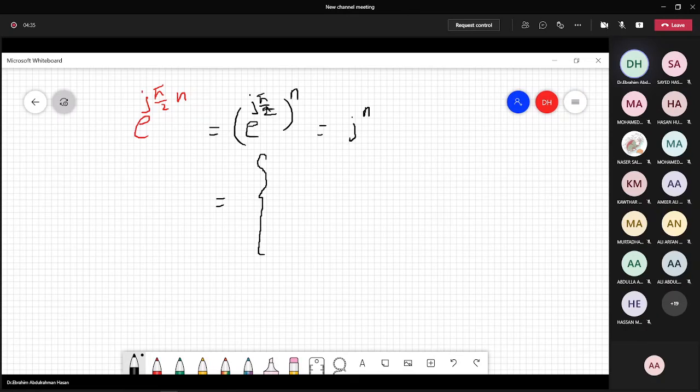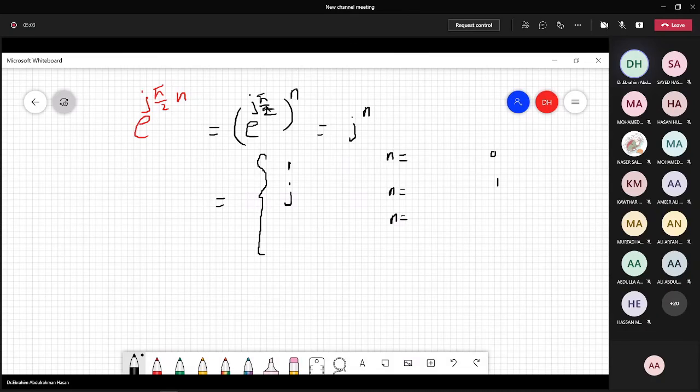Then it is equal to... n equal to 0. Then when n equal to 0, we have j to the power of 0, which is equal to 1. N equal to 1, then j to 1, which is equal to j.